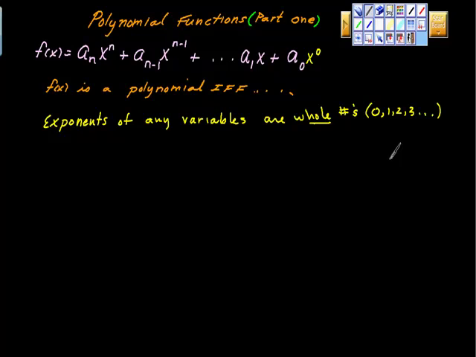Can the number be 1? Can the exponential value be 1.5? No, 1.5 is not a whole number, because whole numbers are counting numbers. Yes? It's really, really important, because in a minute I'm going to ask you, is something an exponential function or not? And the coefficients must be real numbers.